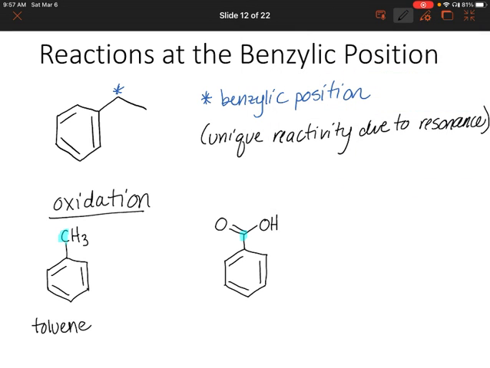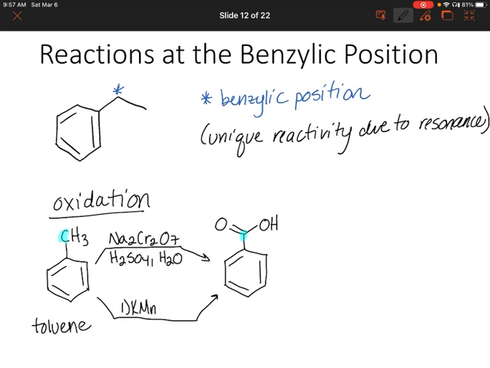So one way that you could do this is by using a strong oxidizing agent like chromic acid. Or you could also use potassium permanganate followed by a weak acid and heat. So these are reagents we've seen before. But again, this is all occurring at the benzylic position this time.